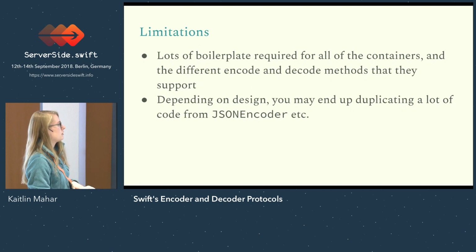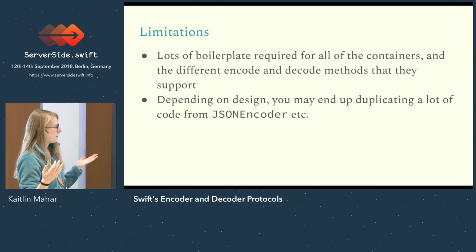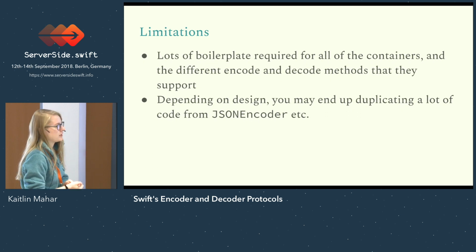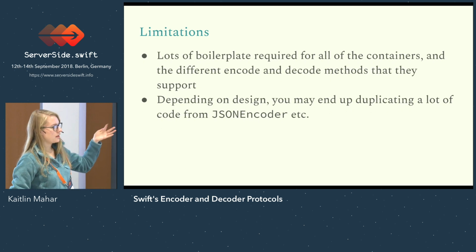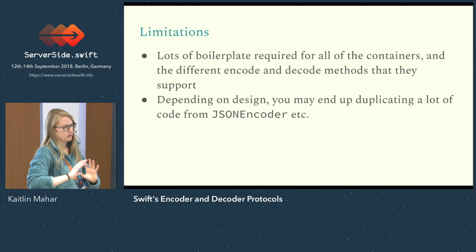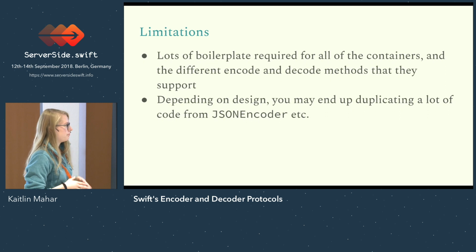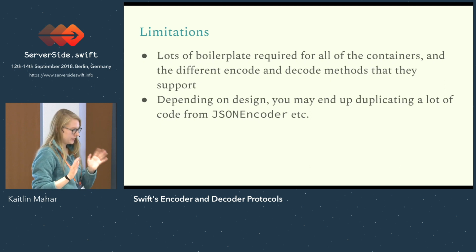Depending on the design of your encoder decoder, you may end up duplicating a lot of stuff from the JSON encoder decoder, since they're the example we're all working from as we write these, and you naturally want to do something similar. However, the only thing that's public about the JSON encoder and decoder is the top level one. So you can't reuse the types that are within there. So in my BSON encoder, there's a lot of stuff that's mostly just copy pasted and slightly changed.